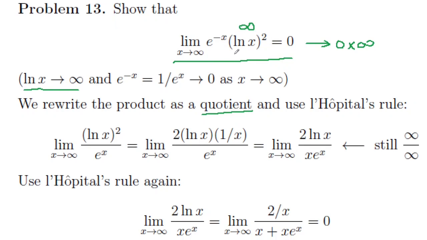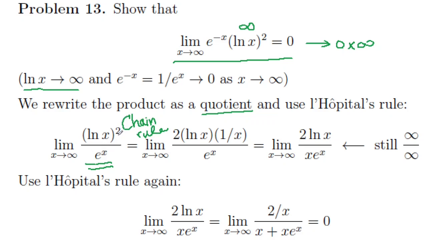In this case, it's fairly straightforward. Just write e to the x as 1 over e to the x and get a fraction right off the bat. Now, applying L'Hopital's rule, the numerator derivative of ln of x squared is a straightforward application of the chain rule.